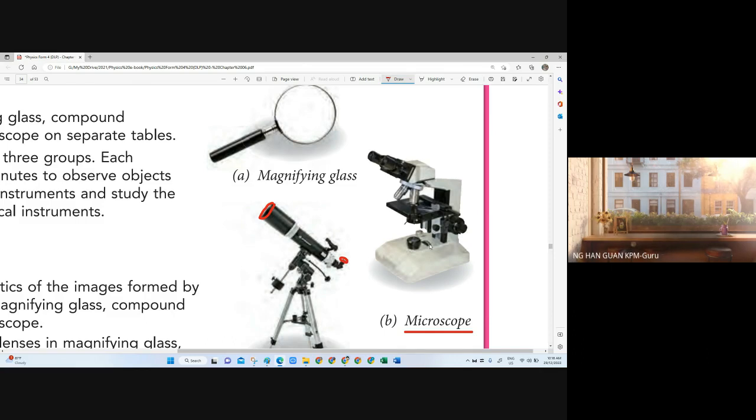Here is a prism, it deflects the light to change the angle. Usually our eyepiece lens is inside here before the prism. Anyway, here is the objective lens and the eyepiece lens. This is the eyepiece lens for the microscope and the objective lens for the microscope. So now I want to ask you.